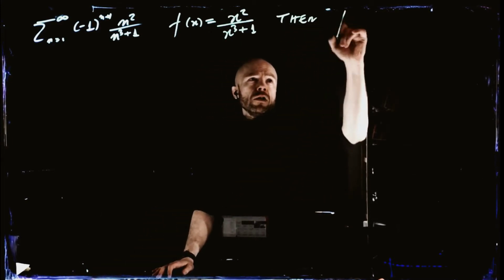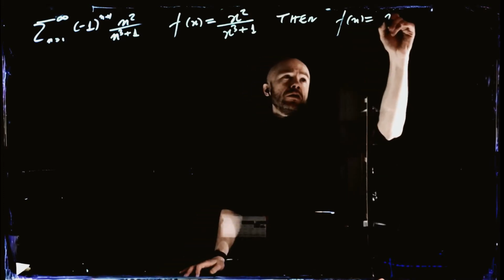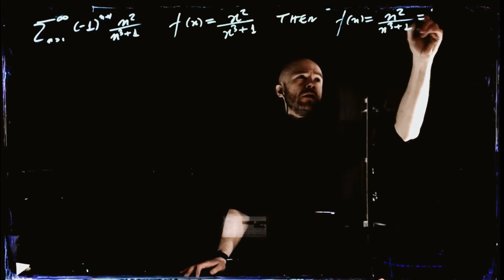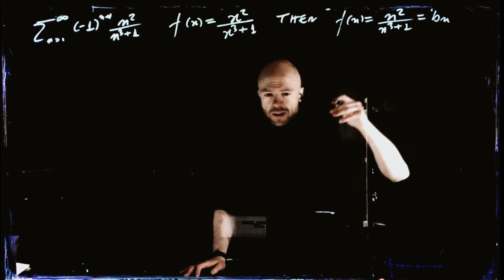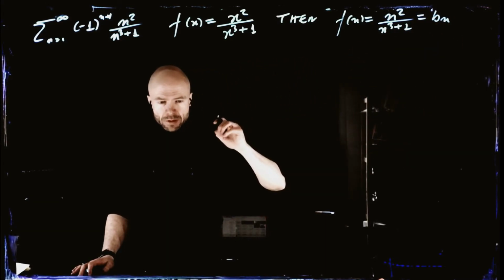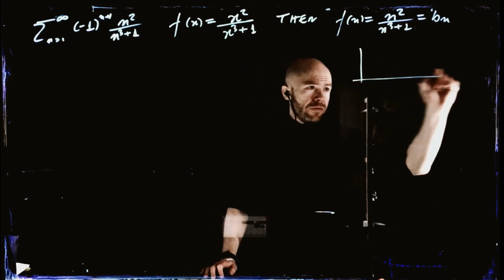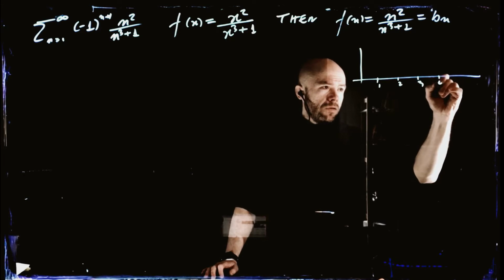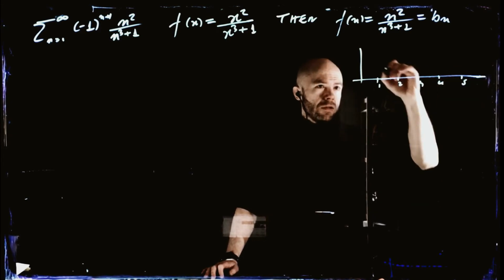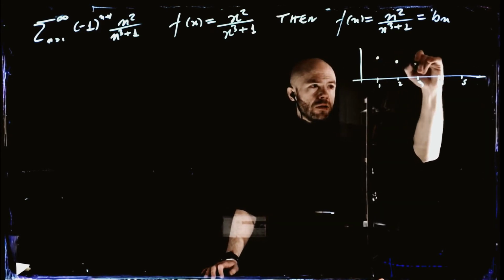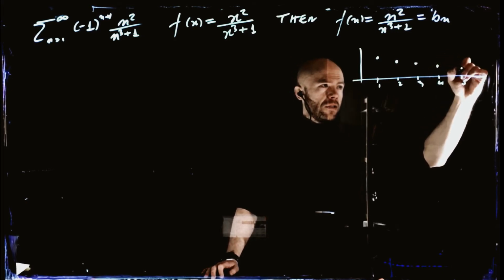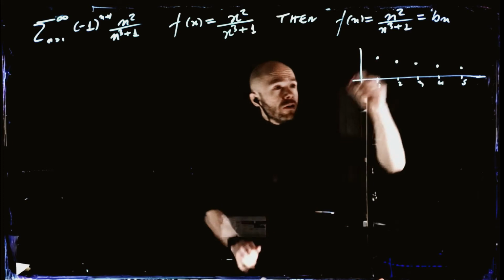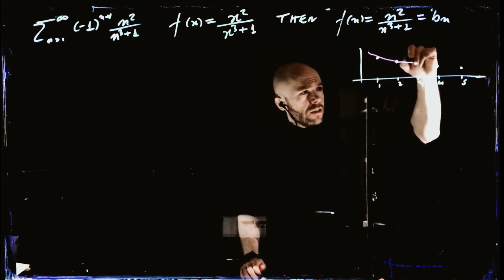This thing does what we want: f of n is equal to n squared over n to the 3 plus 1 equals bn. So that's exactly the guy that we want. Cool. Let's draw the picture again. We have terms 1, 2, 3, 4, 5, and so on, and our function goes through these terms. So all we need to do is check that this thing is decreasing, and then we're all good.